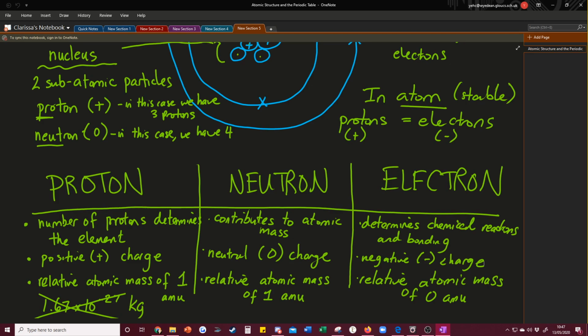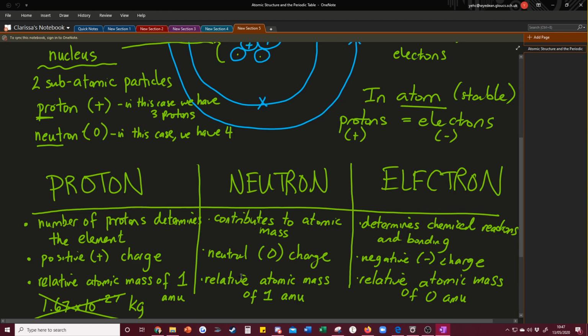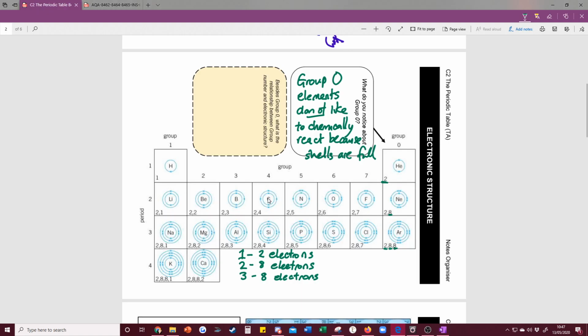The neutron contributes to the mass, and the electrons, because they're on the outside, whereas the nucleus is on the inside, they're going to be the ones that are doing the chemical reacting and bonding. So the electrons have a big role to play, which is why electronic structure is important in the study of chemistry.